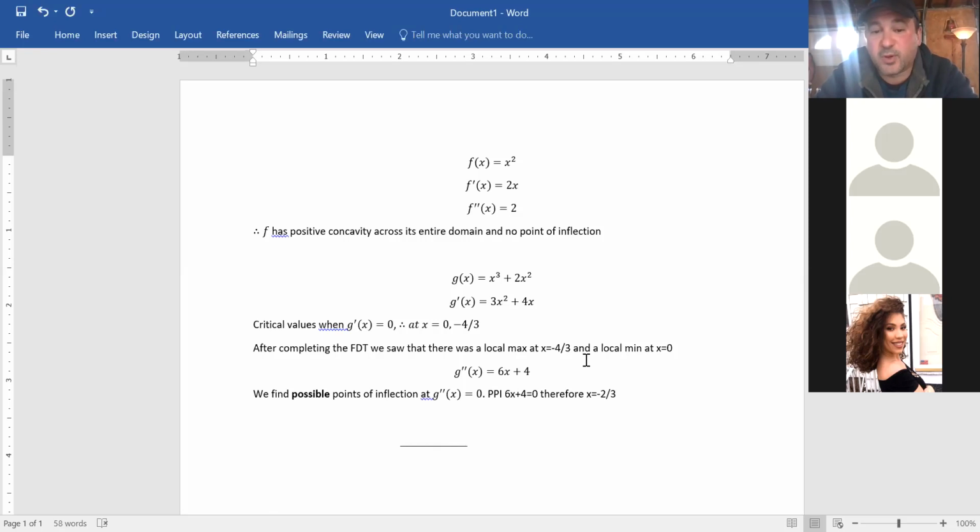So put your negative 2/3 on that number line. So you got your number line. You're going to need to pick a number that is to the left of negative 2/3.